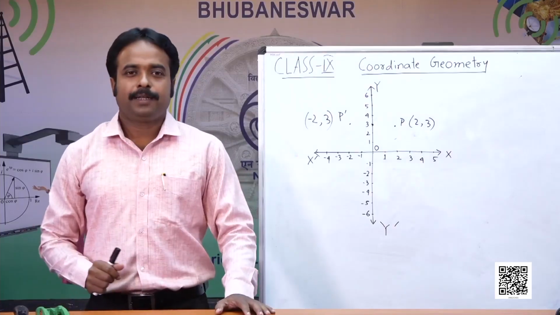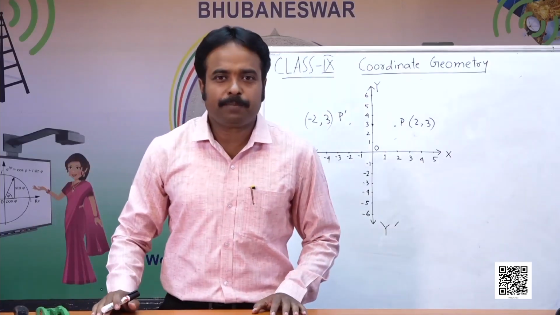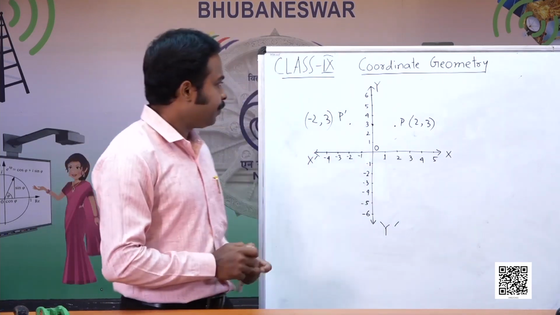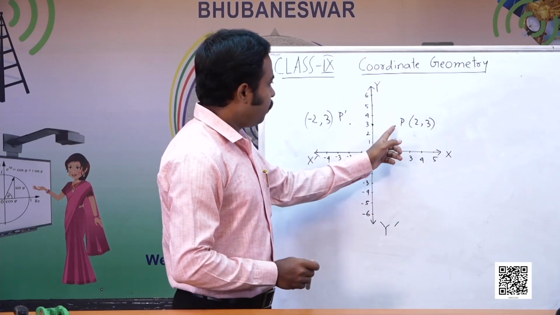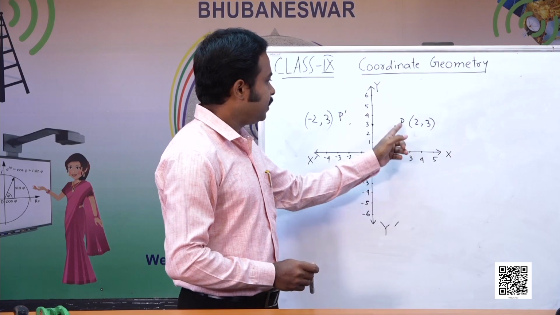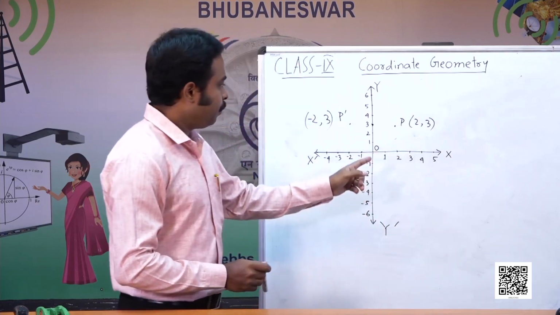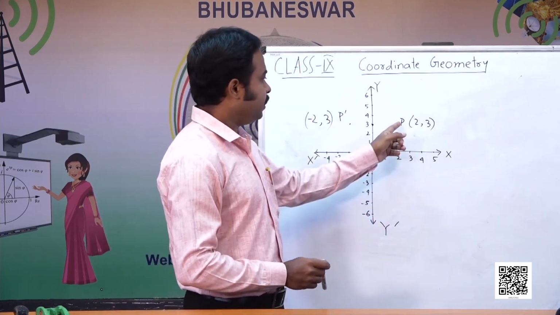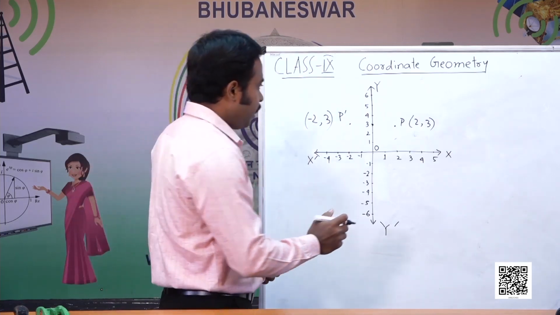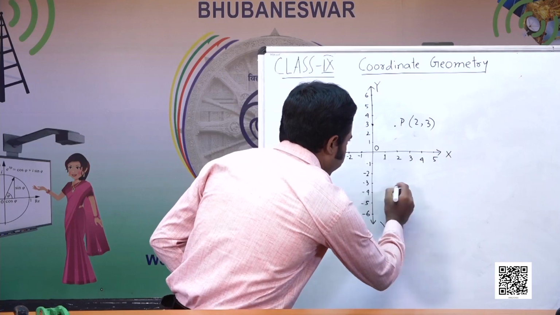So, students, can you tell the reflection of the same point about the x-axis? Let's see. The distance of the point P from the x-axis would be the same as the distance of its reflected image from the x-axis. So the point would be this.